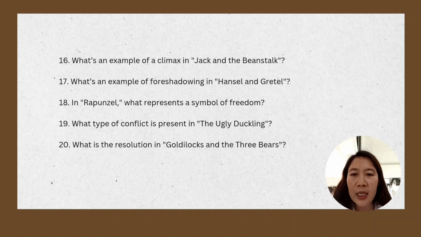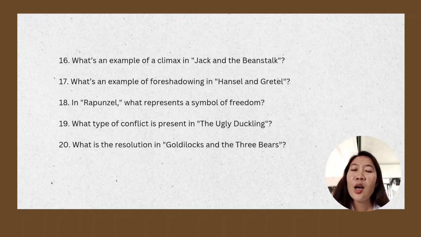Okay, number 17. What's an example of foreshadowing in Hansel and Gretel? Foreshadowing. It is the breadcrumbs leading back home, which later disappear. So, number 18. In Rapunzel, what represents a symbol of freedom?